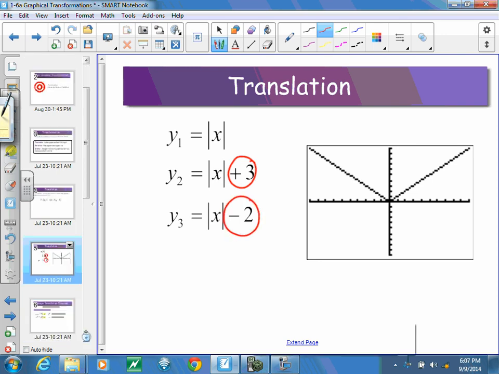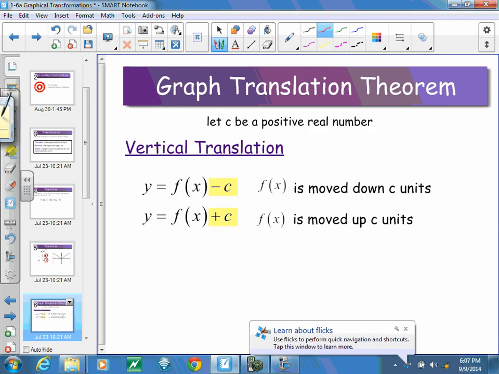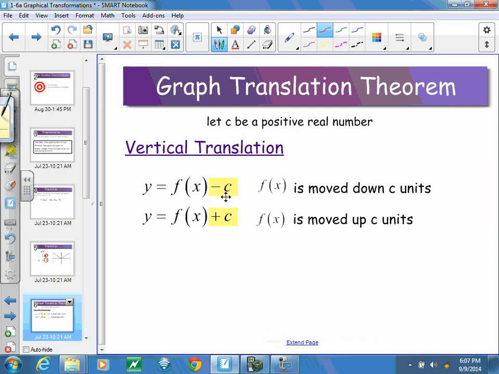So I'm going to go into the graph translation theorem, which says that if you have a function and then you're going to subtract some positive real number c, what's happening here is that you are going to be moving your function down c units, and it's because you're subtracting c. If you were taking your function and you're going to add some number to it, then your function is going to be moving up c units.